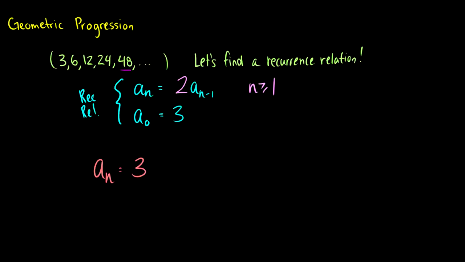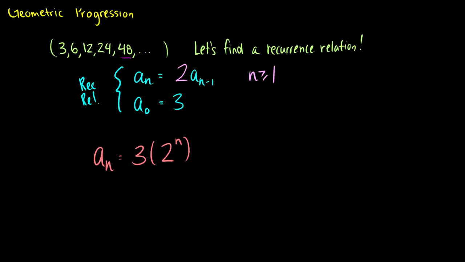So a_1 is going to be 6, a_2 is going to be 12, so why don't we multiply it by 2 to the n? So a_0 is just 3 times 2 to the 0, which is 1. That's good. a_1 is equal to 3 times 2 to the 1, 3 times 2 is 6. That looks good. a_2 is 3 times 2 squared, so 3 times 4 is equal to 12. That seems pretty good.